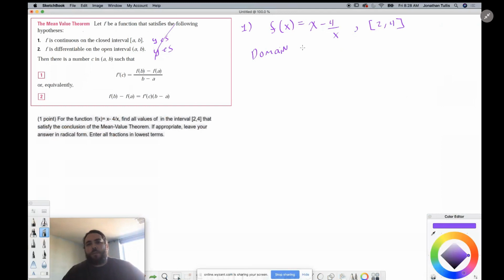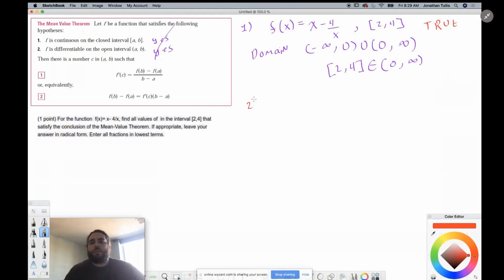So the domain will be negative infinity to 0, union, 0 to infinity. And you can see that [2, 4] is in (0, infinity). So this is just saying that these numbers lie inside this boundary. So condition 1 here is true.